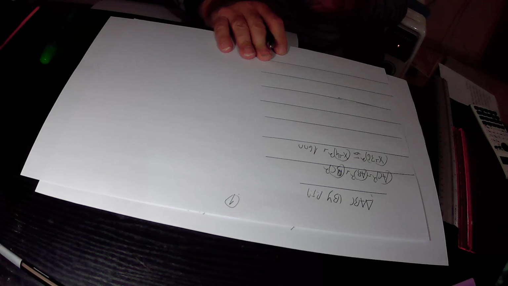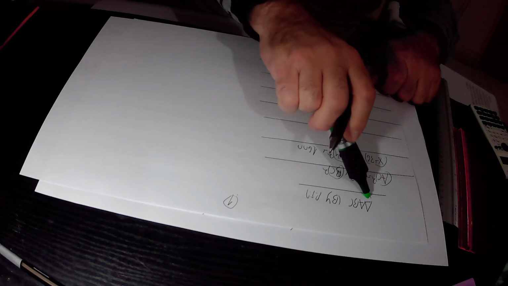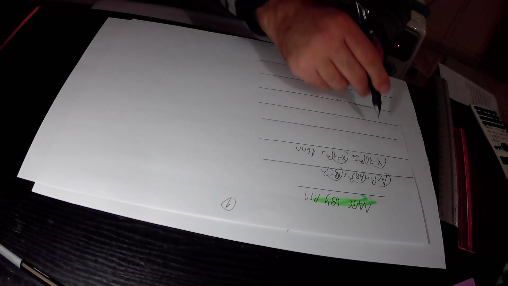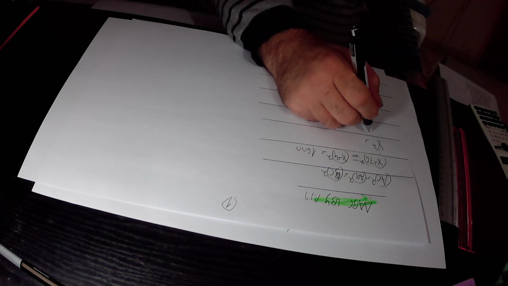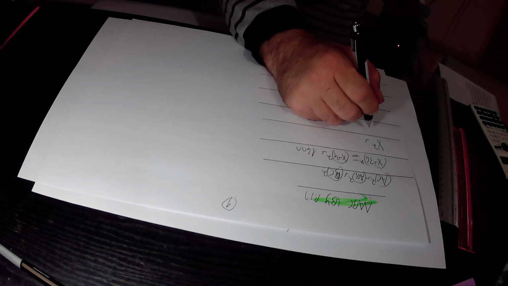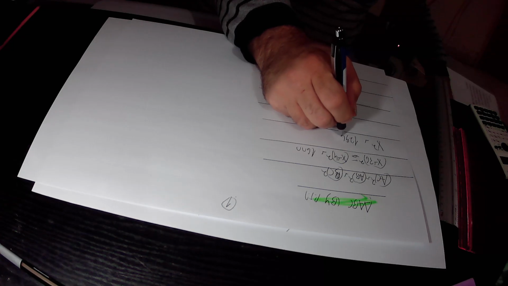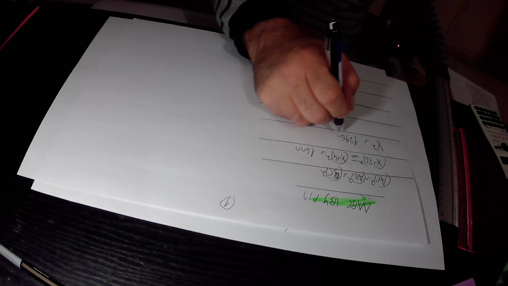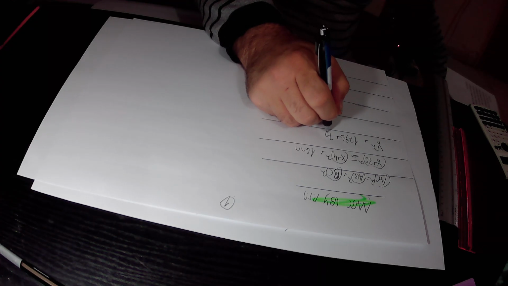Here we will open the brackets on both sides of this equation. (x plus 36) squared equals x squared plus 36 squared, which is 1296, plus 2 times x times 36, that is 72x.